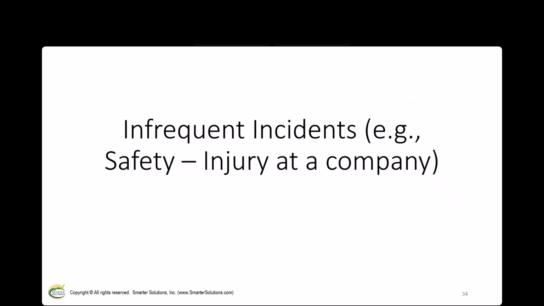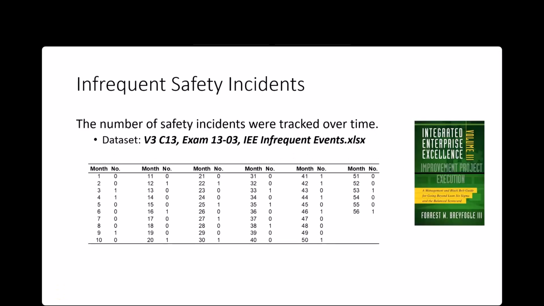Now let's look at a different situation where we have infrequent incidences. Notice these are failures, but for example, we might have safety, where we have injuries in a company because of a safety event. Hopefully they don't occur very frequently. So how do we look at that?